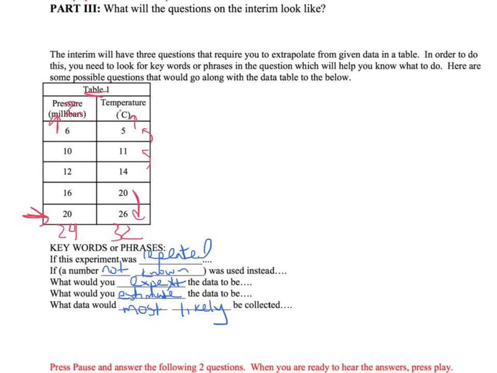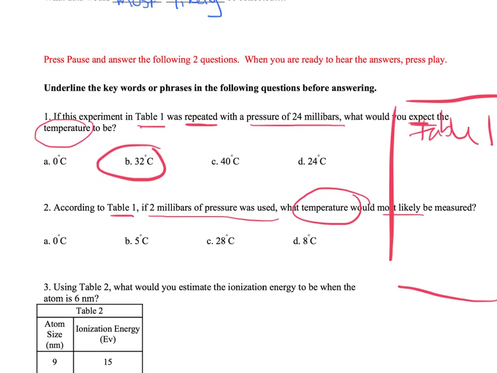So if I'm going down by 4 on this side, then I can expect I should also go down by 5 on this side. So I have 0 degrees Celsius for my temperature if the pressure was 2 millibars. All right, so my answer choice would be A.